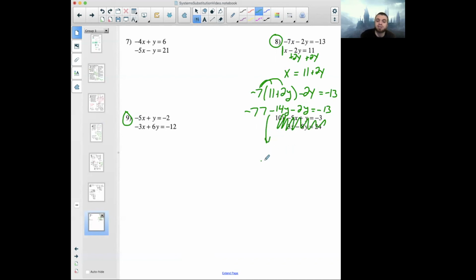So combining like terms, negative 77 minus 16y equals negative 13. Okay, so I'll add 77, something you could do with a calculator. Negative 16y equals 64.